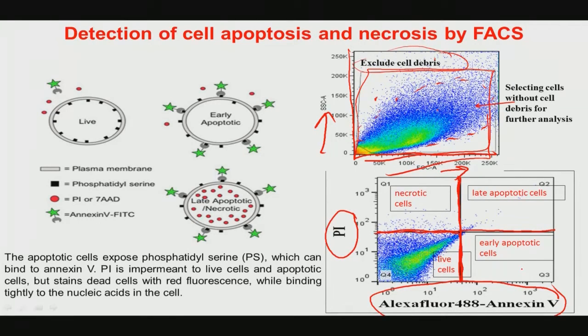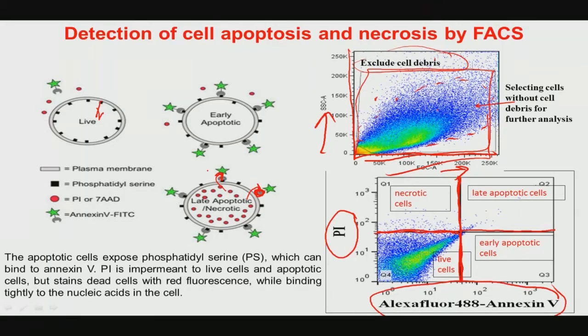Now, to start with, in live cells, phosphatidyl serine is typically present towards the cytoplasmic side. Now, when the cell is in the necrosis stage or late apoptotic stage, there is a flip-flop mechanism which helps the phosphatidyl serine molecule to translocate to the outside of the cell membrane.